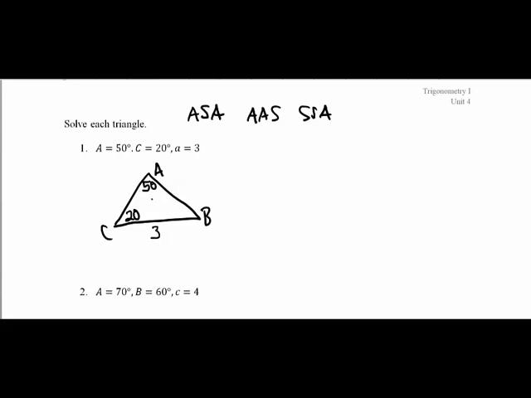So this is side a to angle A. Therefore, this would be side c to angle C, and this missing piece here, this missing angle B, would create missing side b. You can see I'm using lowercase letters for sides and uppercase letters for angles. So I know my sine of 50 degrees, all right?